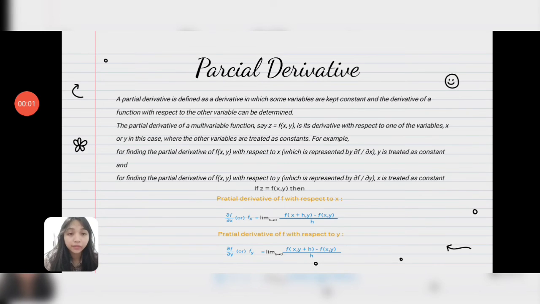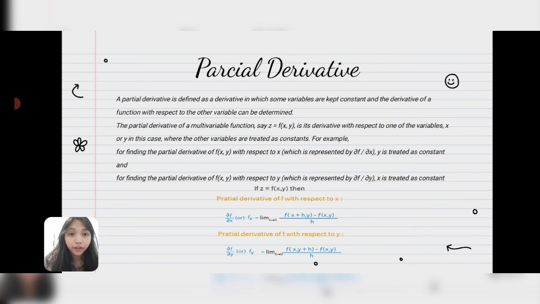Hi everyone, still I'm Dameria A with NIM B1024221008. Now I will explain the partial derivative. So what is the partial derivative? A partial derivative can be defined as a derivative in which some variables are kept constant and the derivative of a function with respect to the other variable can be determined.